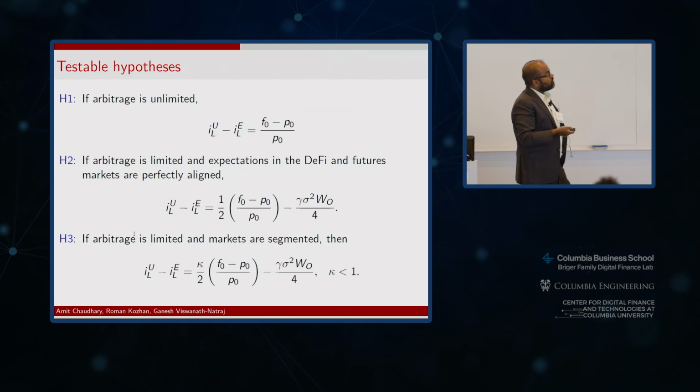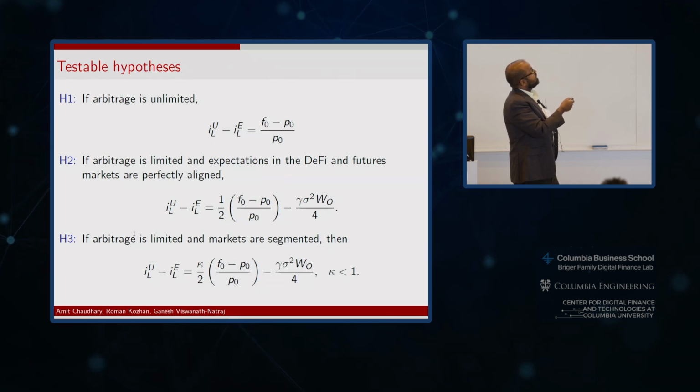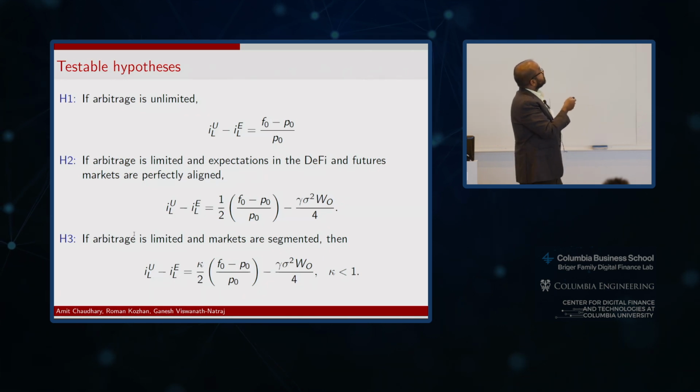So in terms of our testable hypotheses, if we have unlimited arbitrage, we should get a very traditional interest rate parity relation between the interest rate difference and the futures premium. Alternatively, if arbitrage is limited and only speculators are trading, then we will also get integration between the lending protocol and the futures market, but not with unity.